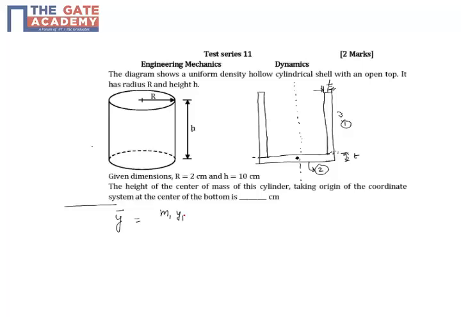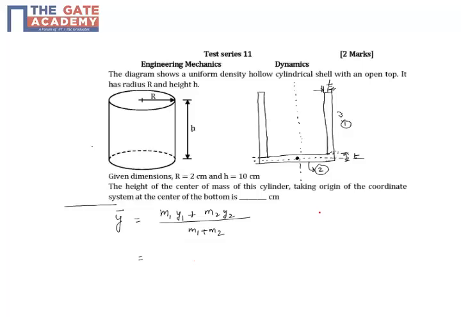The center of mass of mass m1 is y1 from the origin, and whatever is given in the problem is our reference. Similarly y2 is the center of mass of body 2. This is the technique for finding the center of mass.